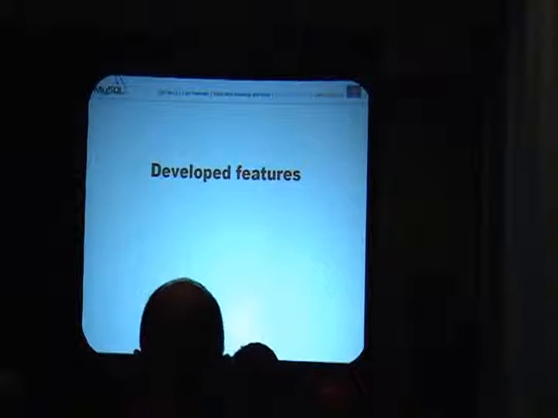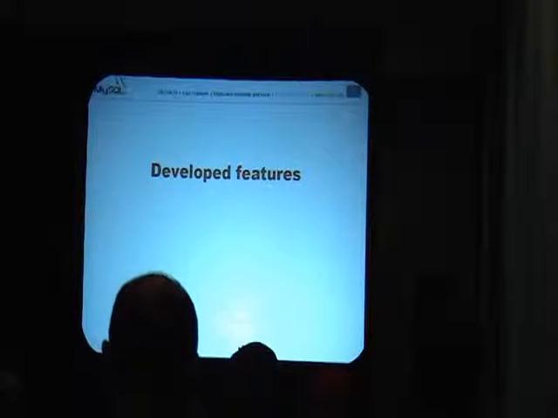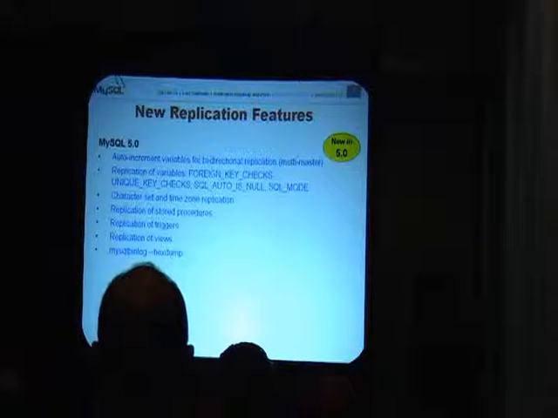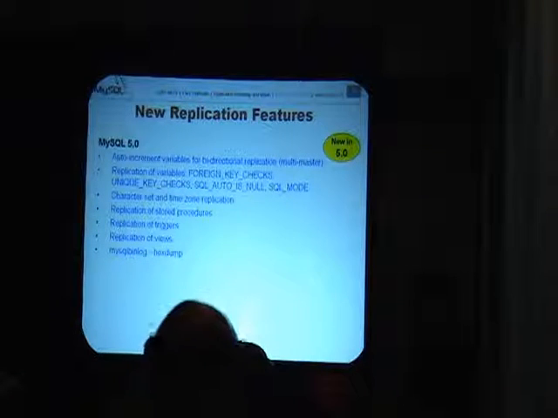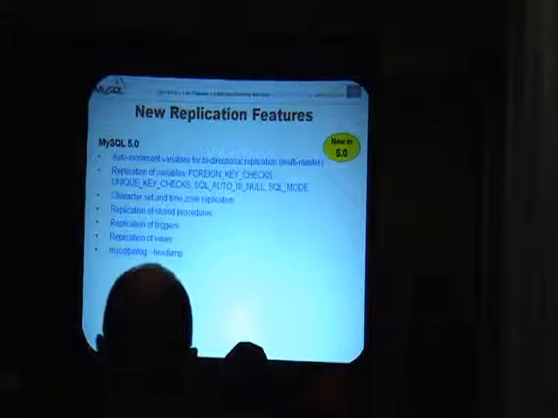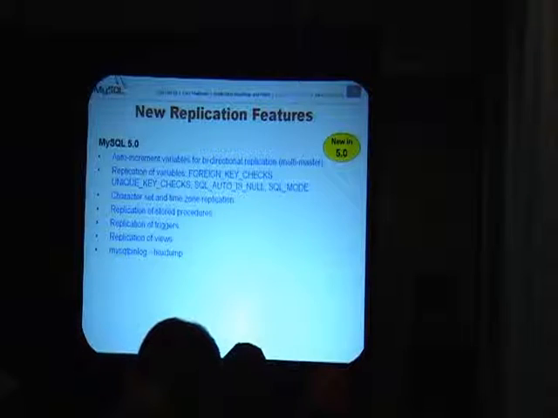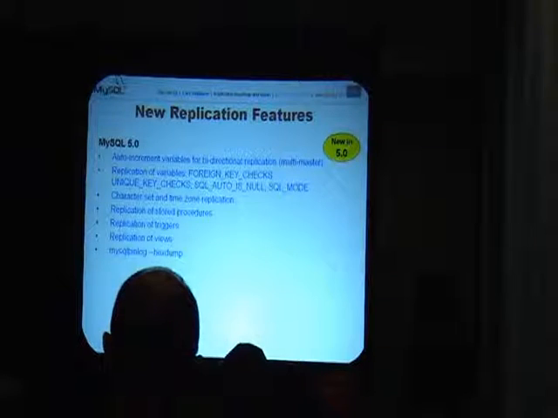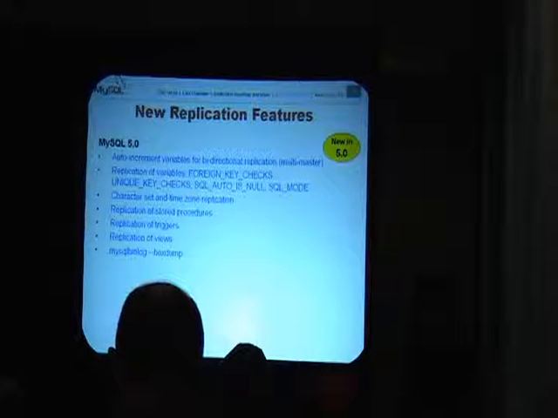So what have we actually done to move in this direction? Well, in 5.0, we have some auto-increment variables for bidirectional replication. In MySQL, you can always set up two servers which replicate to each other, but you need to be aware that the data is disjoint, that you only update the odd rows here and the even rows there, or do some kind of thing like that. Because if you update the same row at the same time, this update will go over here, and that update will go over there, and they will actually have different data.